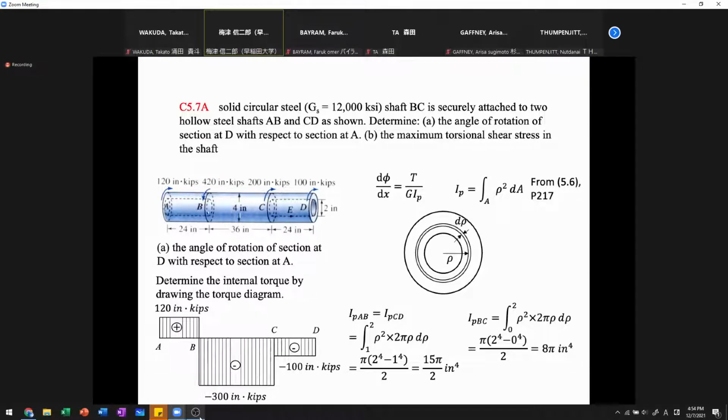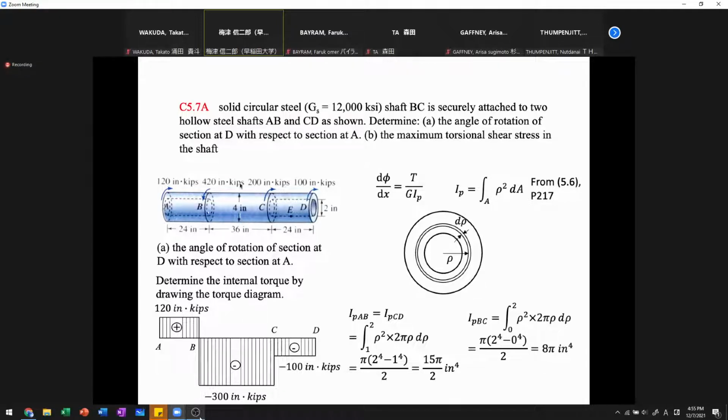And AB and CD are the same structure, the same hollow steel shaft. So IP of AB equals IP of CD, and this I will be estimated like this, and IP of BC is estimated like this. Okay.